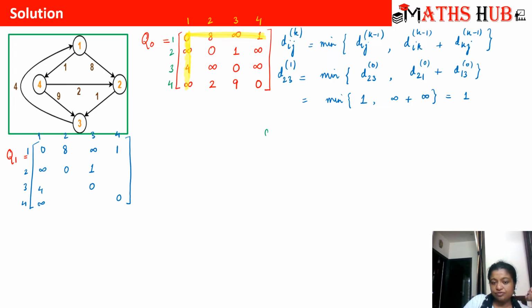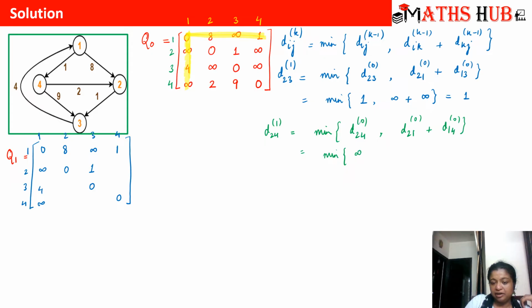So now what is D24? D24 in the new matrix Q1 is the minimum of, take care of these indices, D24 in the previous matrix, comma, D2k, here D21, in the previous matrix plus D14 in the previous matrix. So this is the minimum of, what is D24?